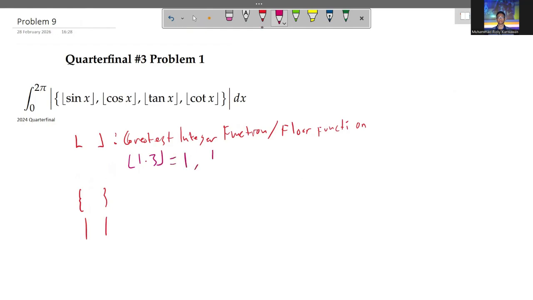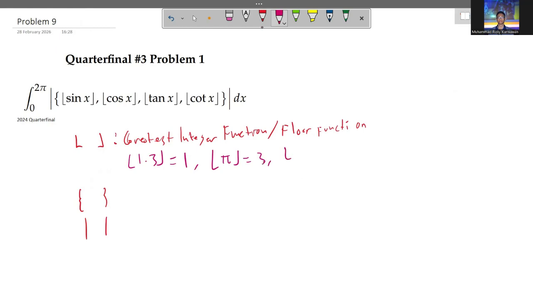And the floor function of pi is equal to 3, because pi is 3.1415 etc. You just take the integer part, because 3 is the greatest integer that is lower than or equal to pi.